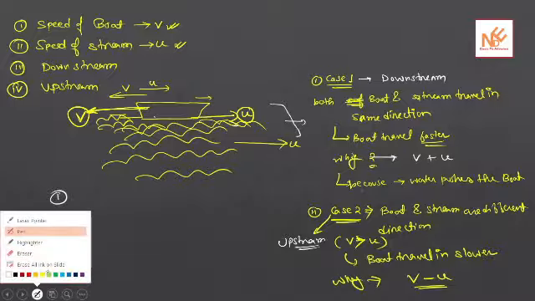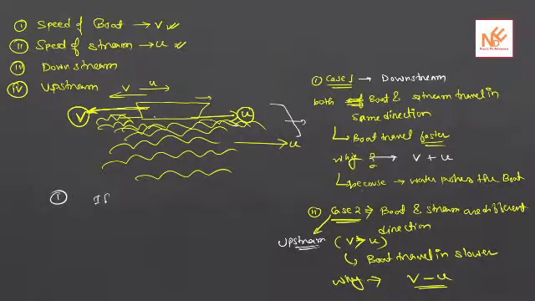What happens if boat and stream travel in the same direction? Then speed increases. Whose speed increases? The speed of the boat increases, and this case is known as downstream.